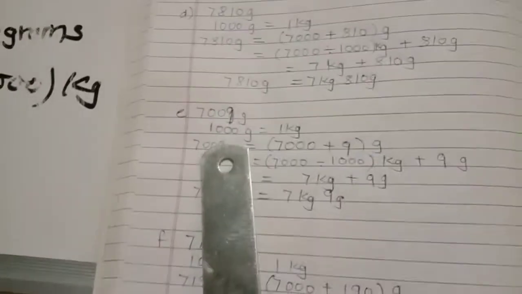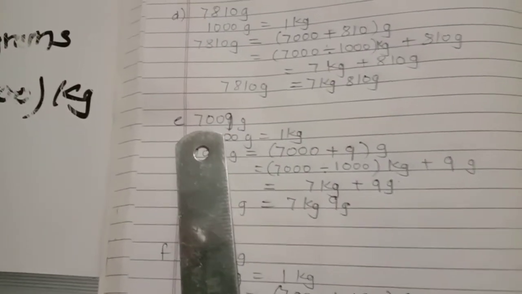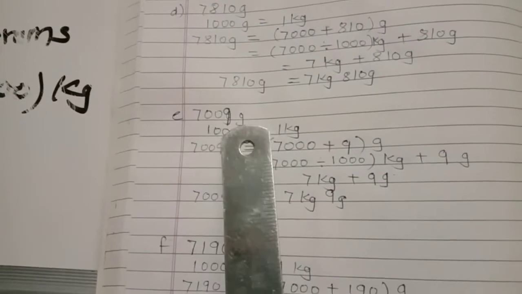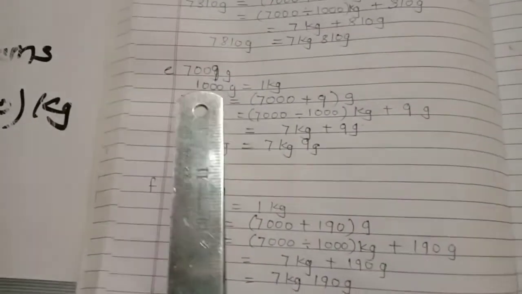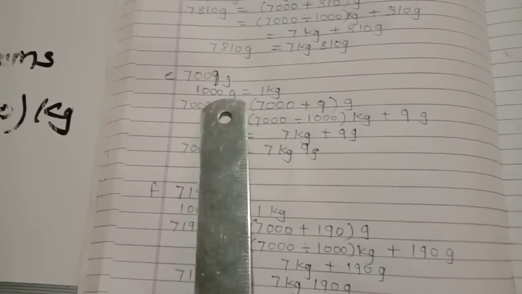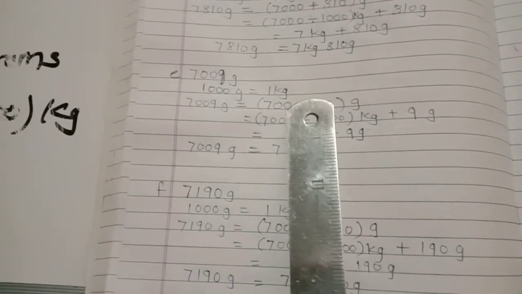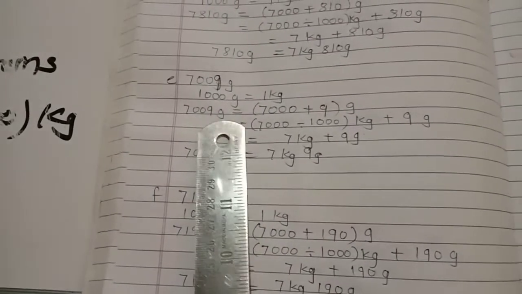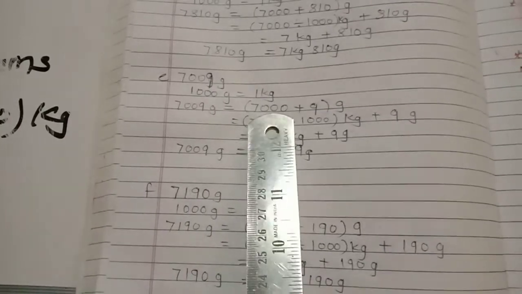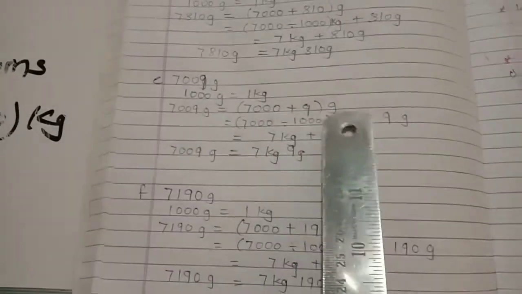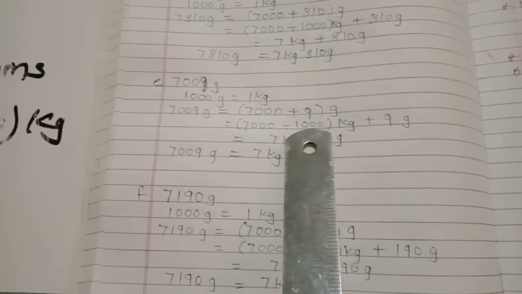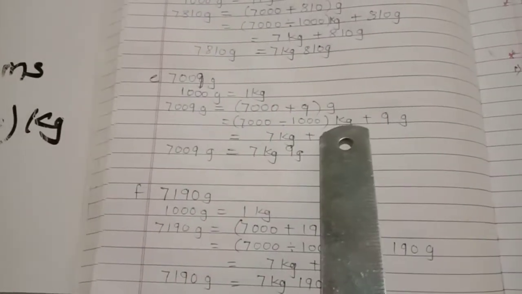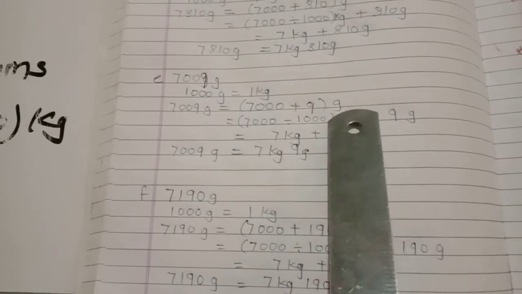Okay. Now here next problem E, 7009 gram. You have to convert into kilogram. So here first 1000 gram is equal to 1 kilogram. 7009 gram is equal to 7000 plus 9, that is in gram. Here 7000 divided by 1000 kilogram plus 9 gram.